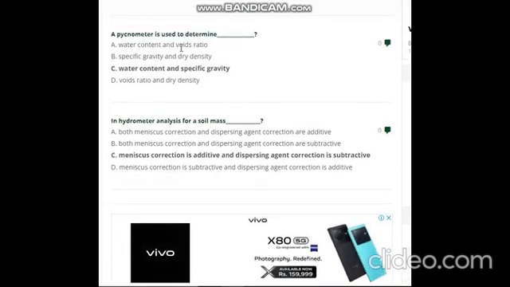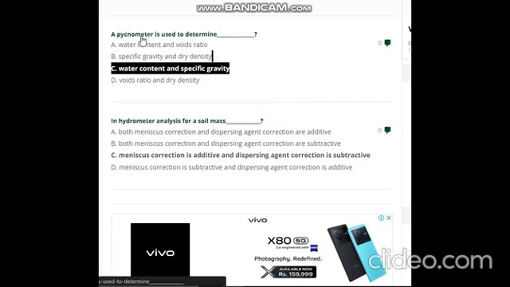A pycnometer is used to determine water content and specific gravity.